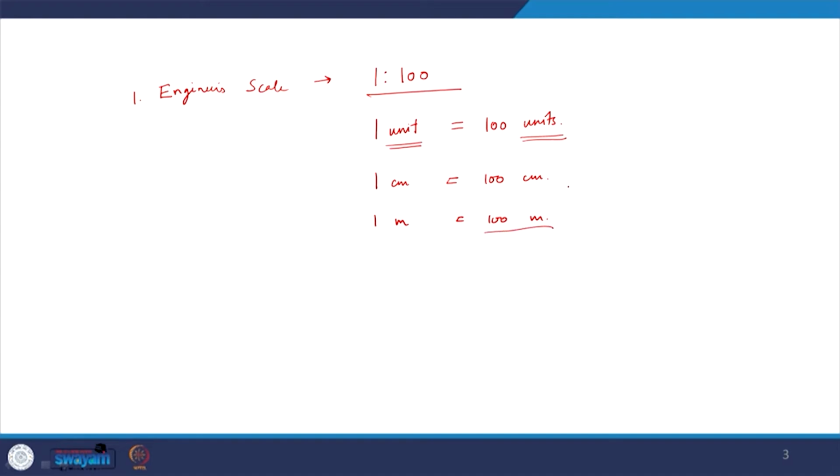So, it means that a 100-meter long road will be represented as a 1 meter long road here. 1:100 is not that reduced a scale.